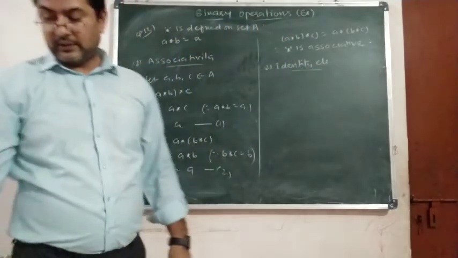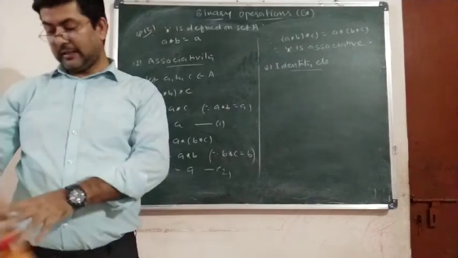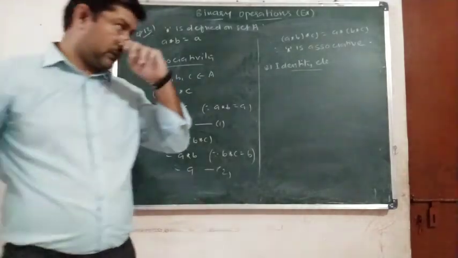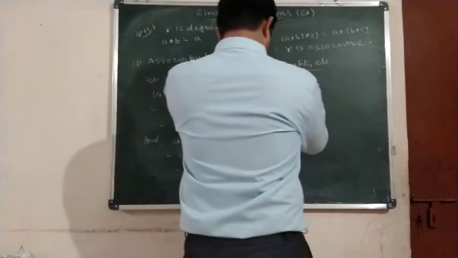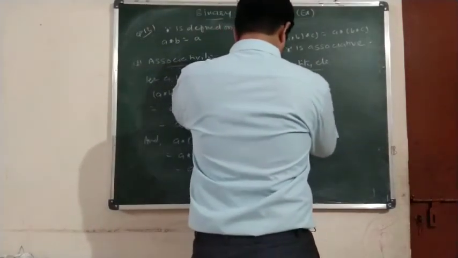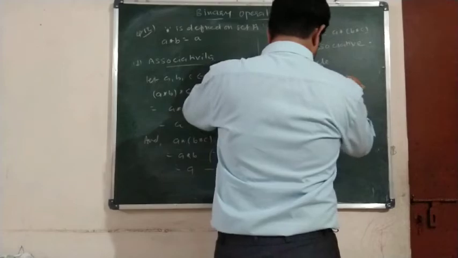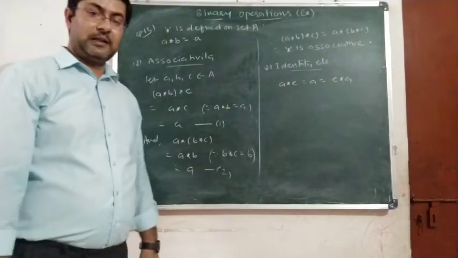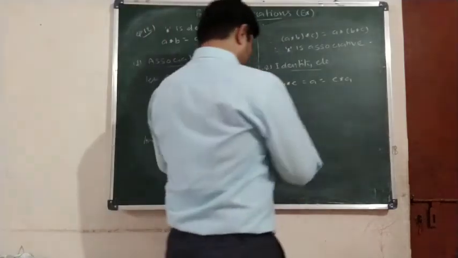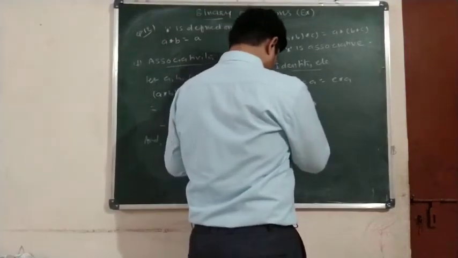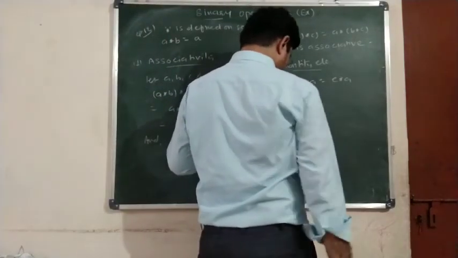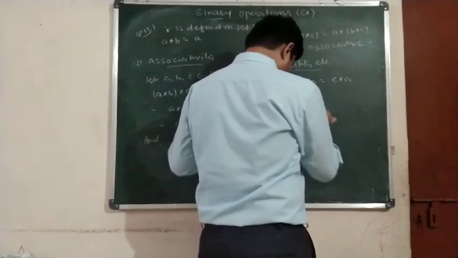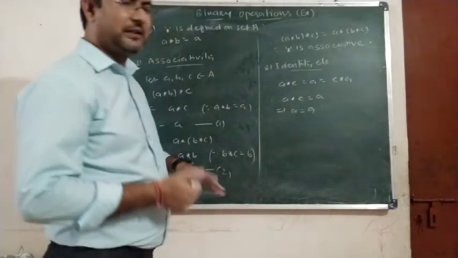Okay, now identity element you are told to find. Actually they have given that the identity element does not exist, so let us do that. Now A asterisk E is equal to A is equal to E asterisk A. We will write down the definition. Clear? So now A asterisk E is equal to A implies A is equal to A. So E vanishes.